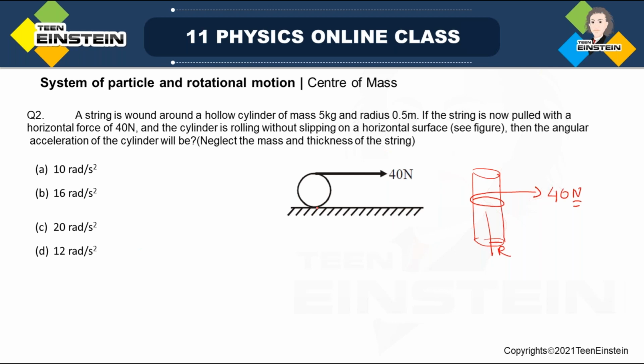Here the options are 10 radian per second square, 16 radian per second square, 20 radian per second square, and 12 radian per second square.